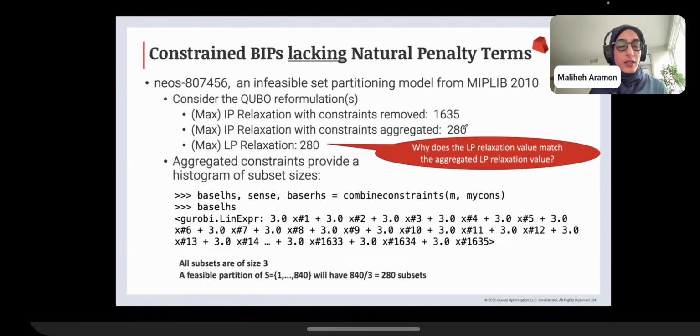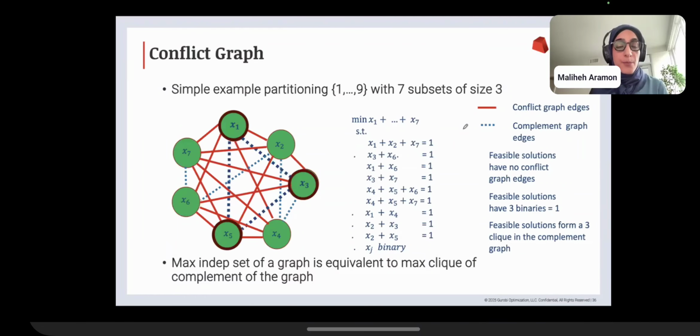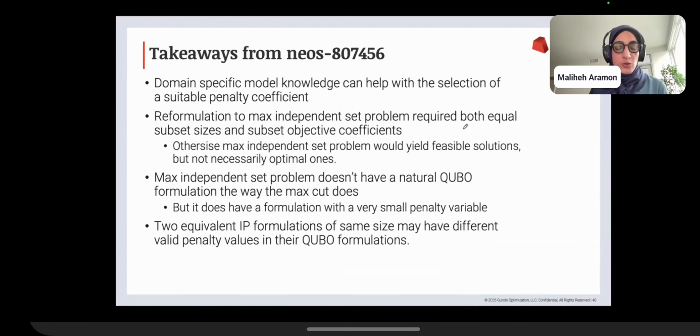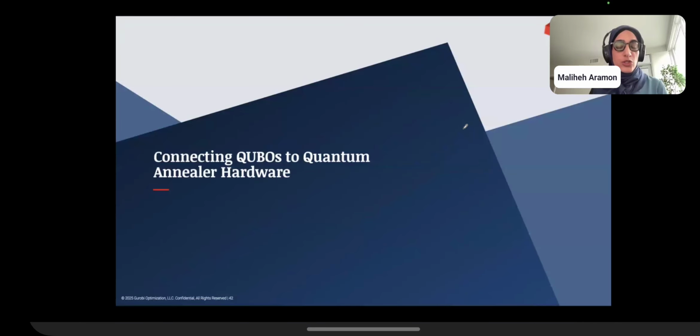And if your penalty multiplier is super big, when you divide to bring it to that range, your original problem coefficients might get below the noise level, and you end up solving a problem that is not your original problem. So that's why this effort usually pays off if you try to find the smallest penalty that works for your problem. Yep, those are the comments that I wanted to make.